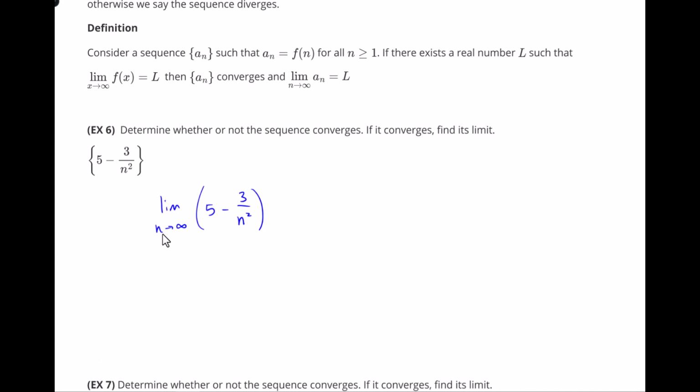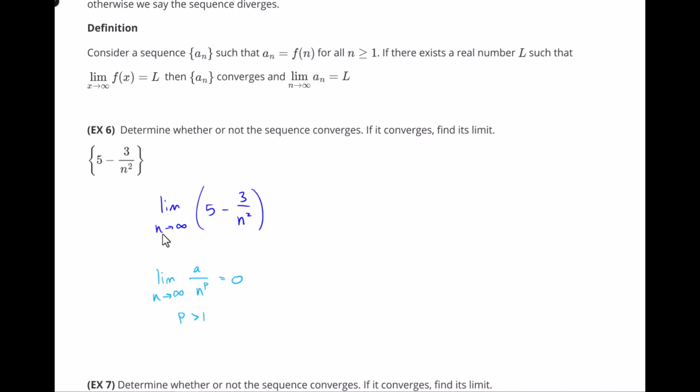One known property is that the limit as n goes to infinity of any value divided by n raised to some exponent p, where p is greater than 1, is going to go to 0.